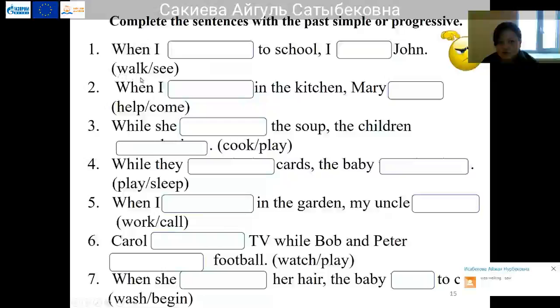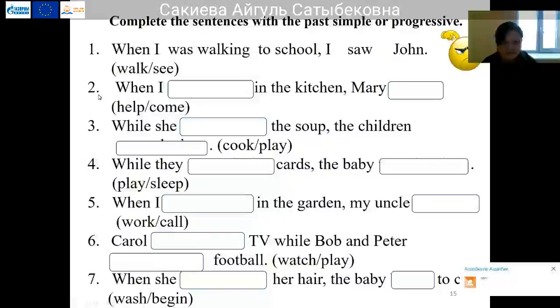And again, you need to use the verbs walk and see. When I what? Was walking, correct? I what? Saw John. Excellent. Second, when I help and come. So we need to use help and come here. When I was helping in the kitchen, Mary what?